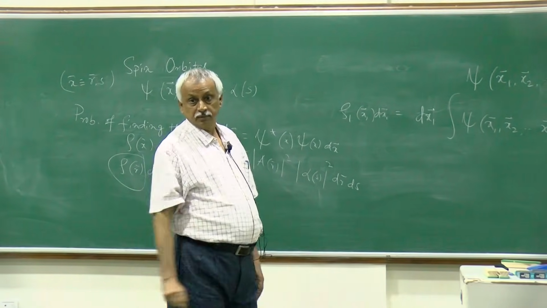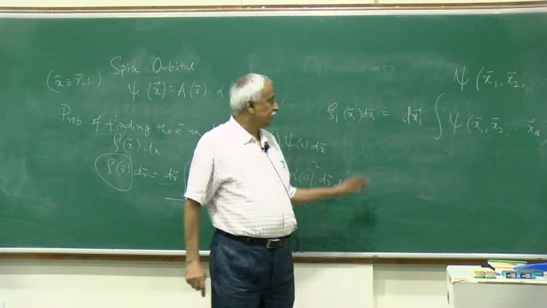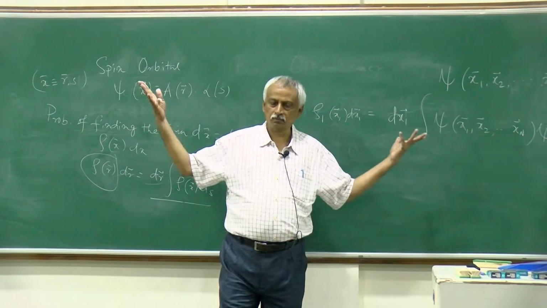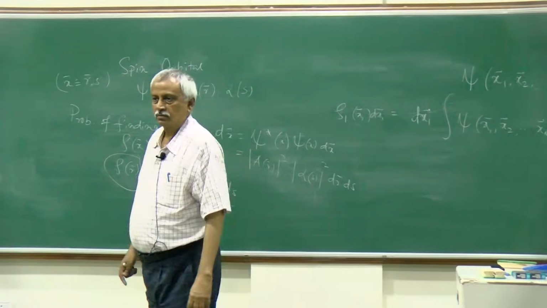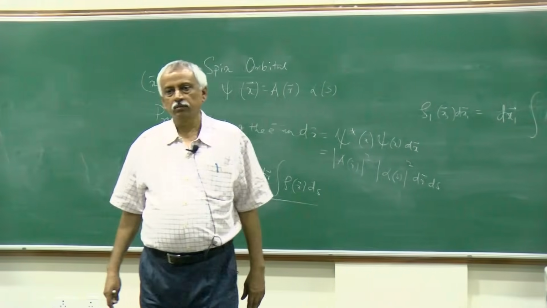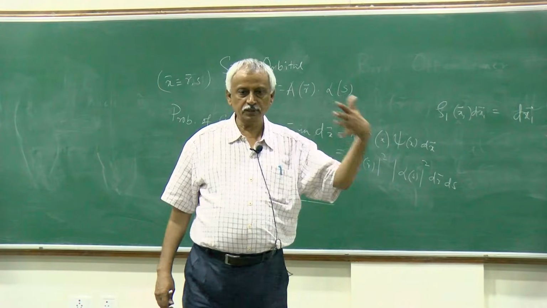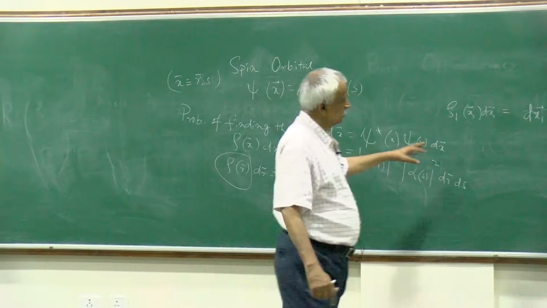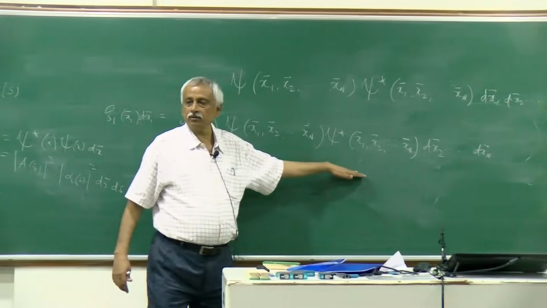Now, you see, electrons are indistinguishable, I don't know which one is electron 1, which one is electron 2. So I get this type of integral for electron 1, similarly for electron 2, similarly for electron 3, and this definition is symmetric with the electron coordinates.